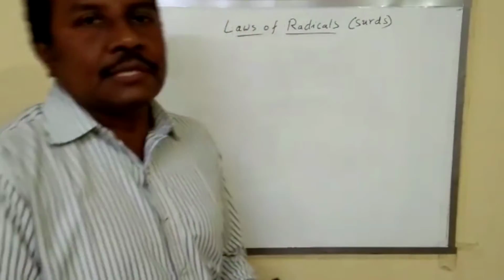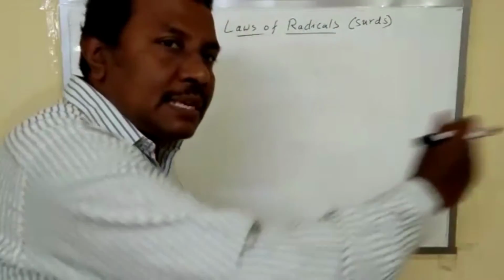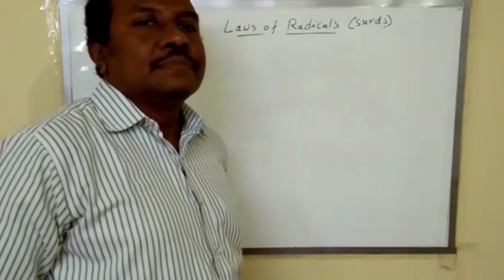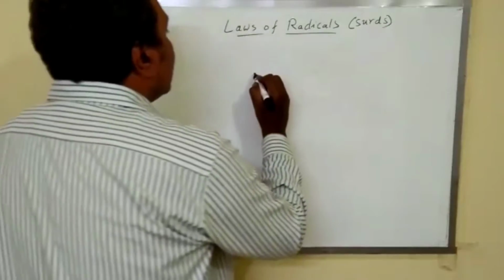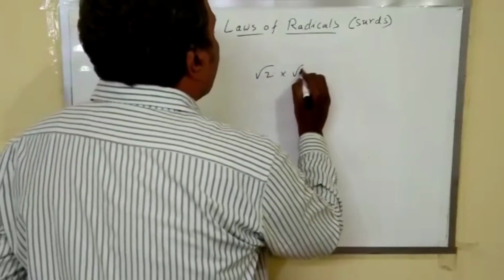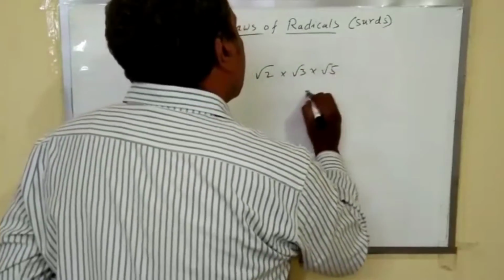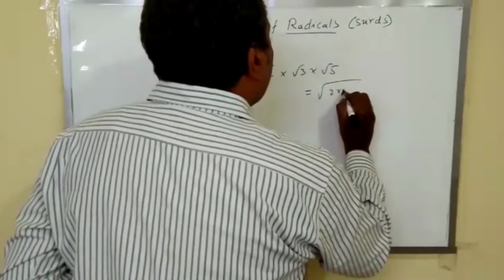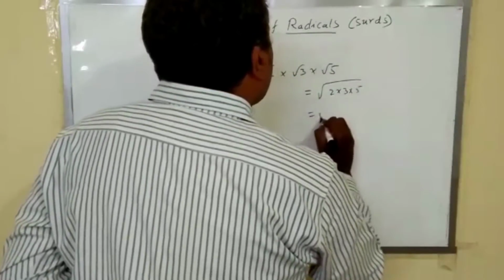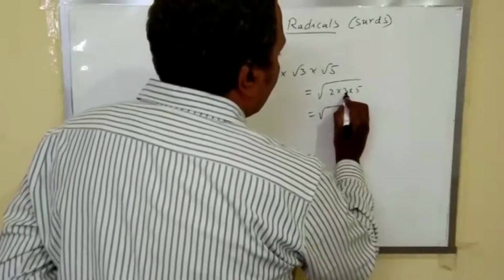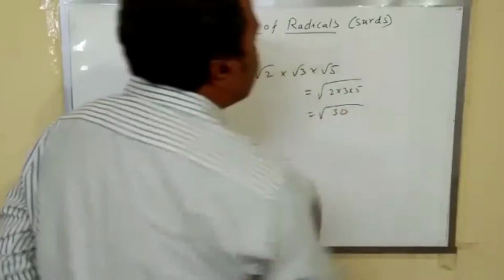Not only two surds, you can multiply as many surds as you want if the orders are equal. For example, square root of 2 into square root of 3 into square root of 5 is equal to square root of 2 into 3 into 5. That is equal to square root of 2 3s are 6, 6 5s are 30.